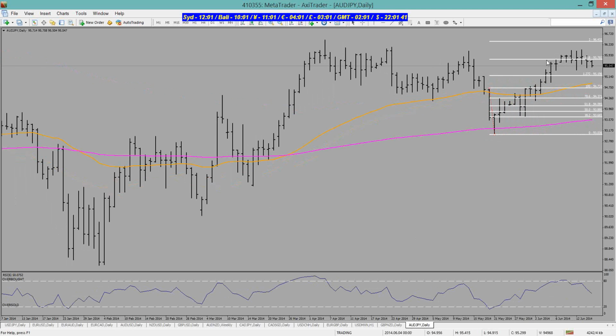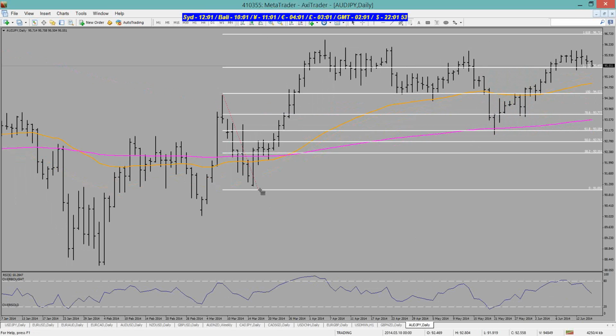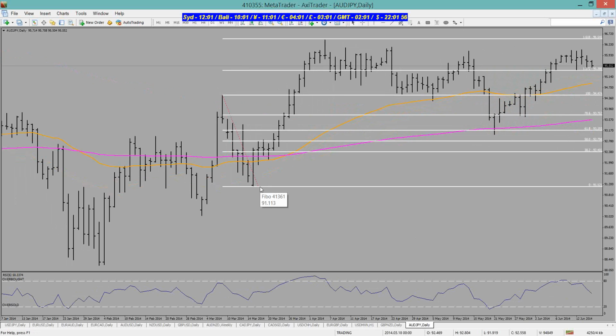It's a little tricky, and that's the difficulty with range trading. You could look at something like this and see if the market's reacting to that, and it's not really, although that was the high for that one.